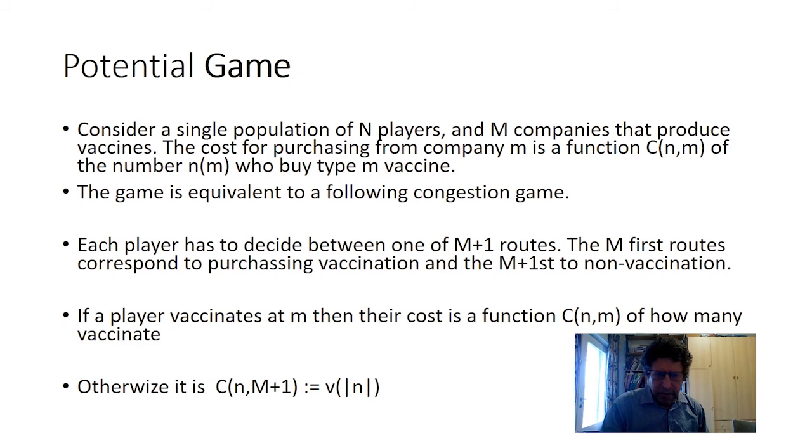The cost for purchasing from company M is a function C of N_M, the number of players who buy type M vaccines. So we still have several different types of vaccines, and we can allow for competition between vaccine providers, and yet we don't allow here for different risk types.